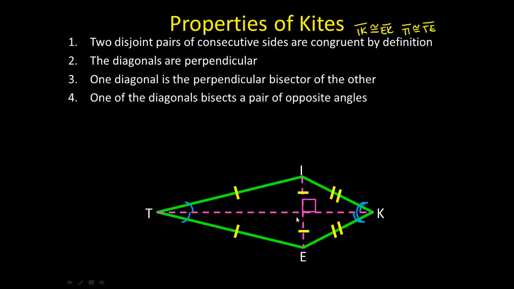One of the diagonals bisects a pair of opposite angles. So the long diagonal bisects these angles. So angle KTI would be congruent to angle KTE, and also angle IKT is congruent to angle EKT.